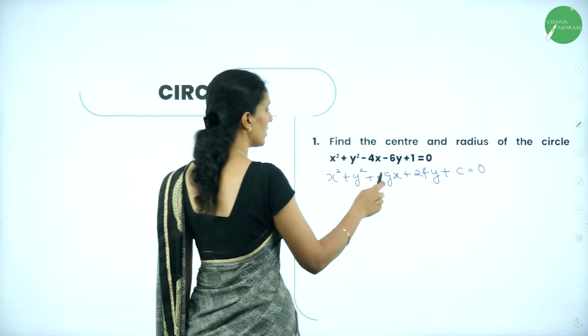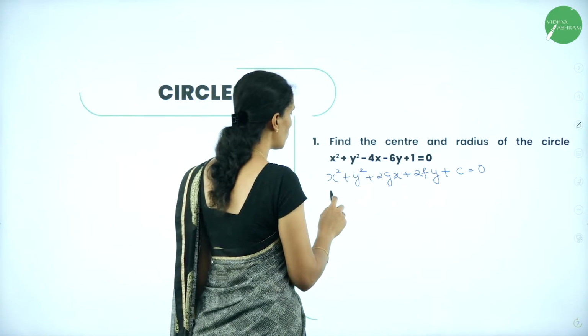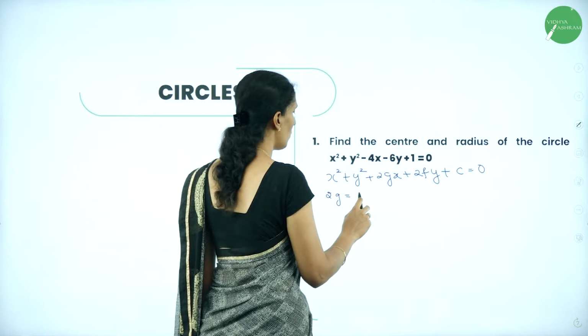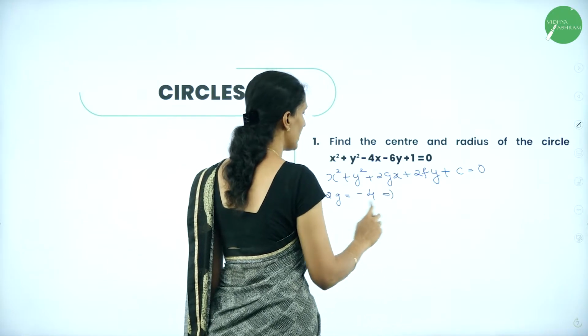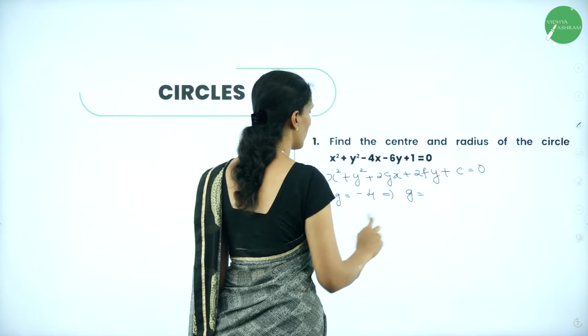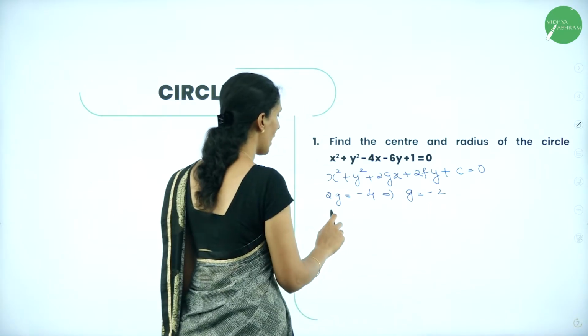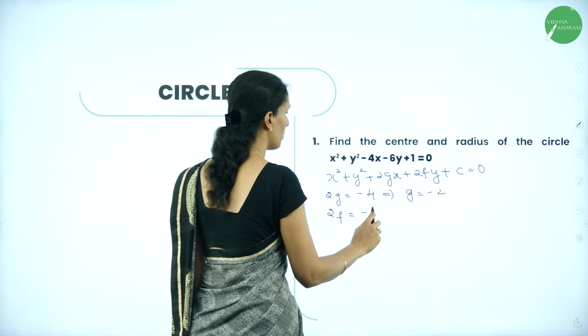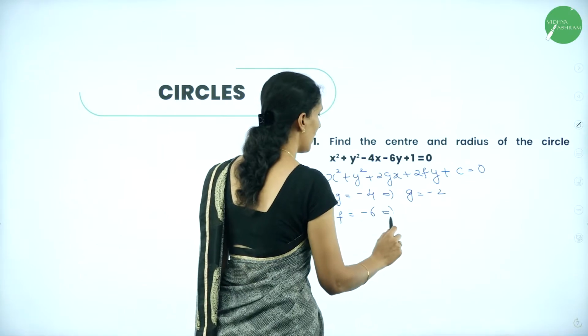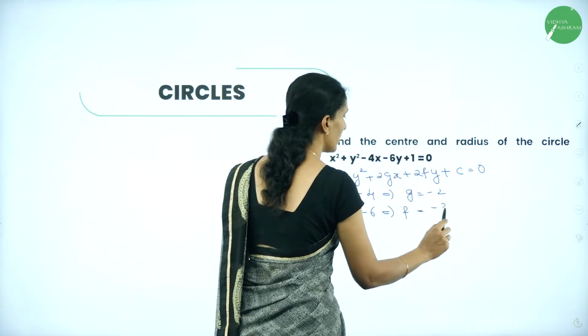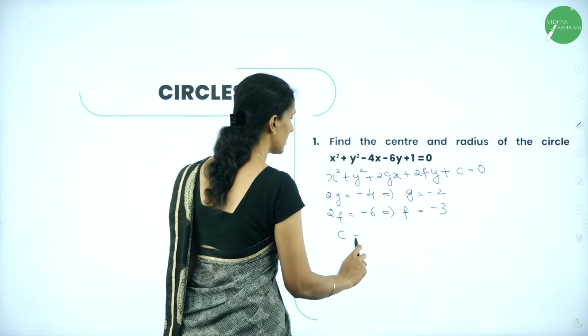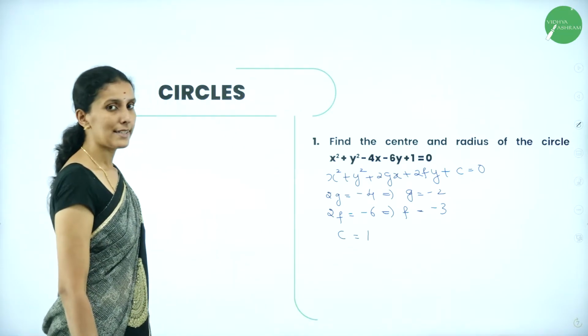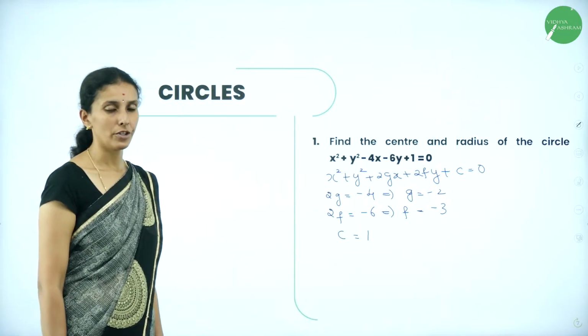So from this we have 2g = −4. So this implies g = −2. Next we have 2f = −6. So this implies f = −3. Next we have c = 1. So what is the center whenever the standard equation is given?